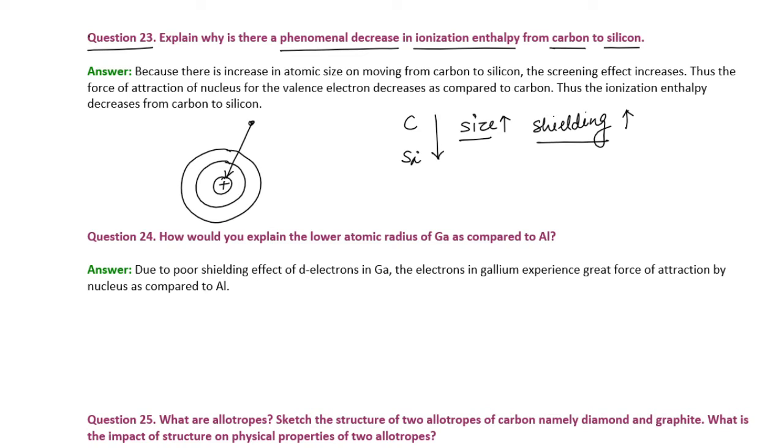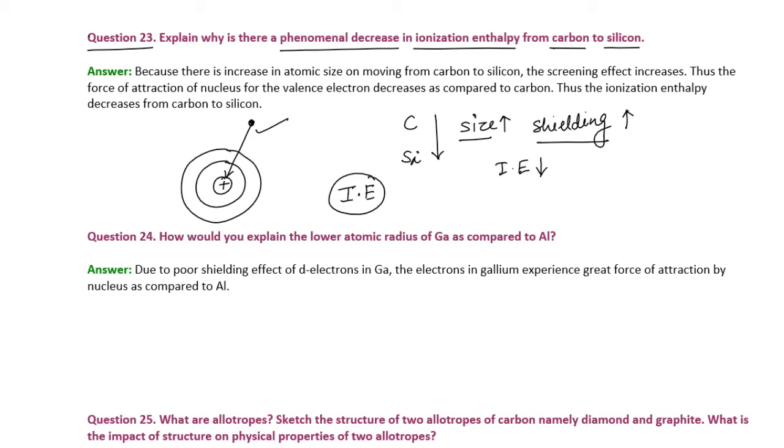As it is less attracted towards the nucleus, it is easier to remove it, and that is called ionization enthalpy. So ionization enthalpy decreases. That's why there is a considerable decrease or phenomenal decrease in ionization enthalpy from carbon to silicon.